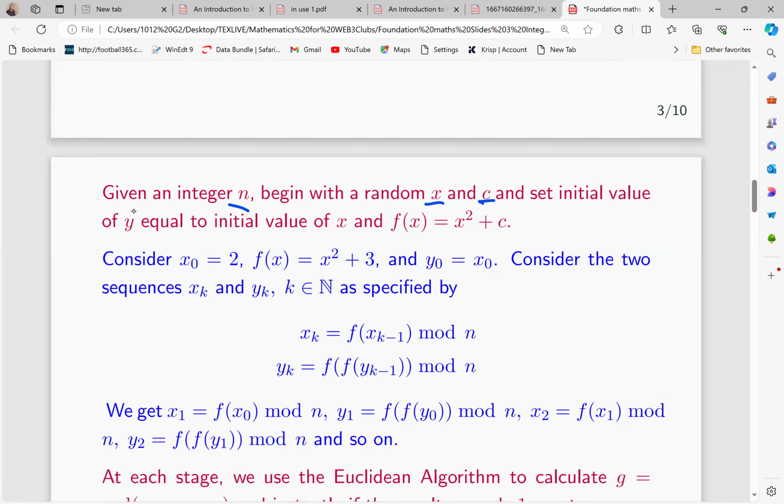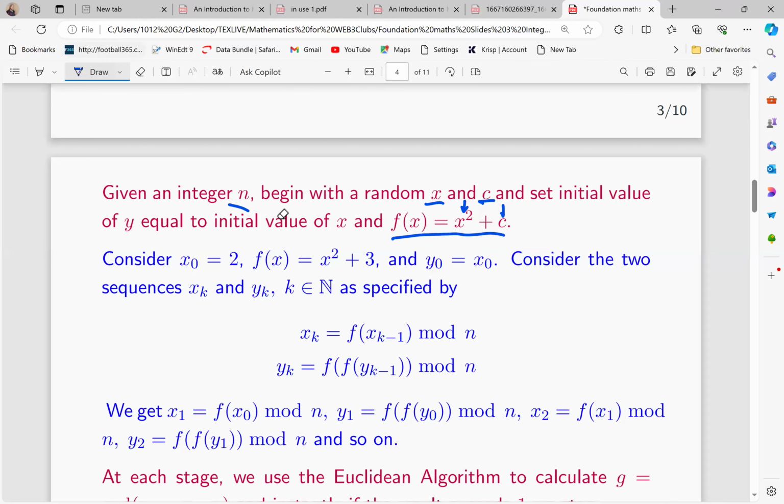Then I use this equation: you substitute x here, and the constant here, and use this equation to factorize. Remember that this will be mod n. We are doing it mod n, that's why we say we are using the knowledge of congruence.